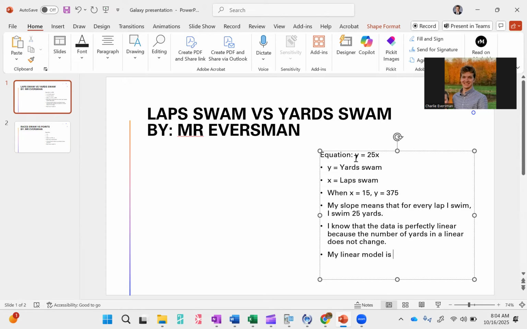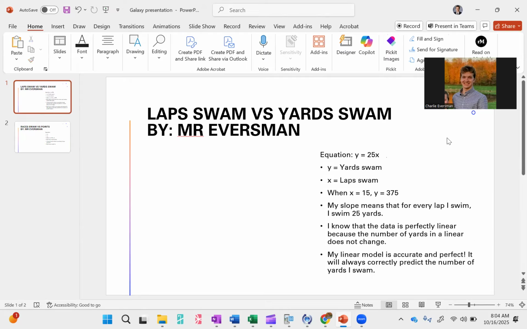The linear model is accurate and perfect, right? It is accurate and perfect. It will never change. It will always correctly predict the number of yards I swam. Great. Right. So then whenever I'm presenting this, I might say I picked this because I'm the swim coach and I like swimming.